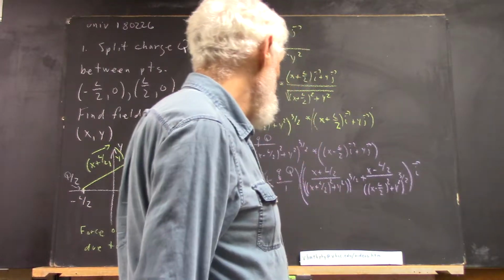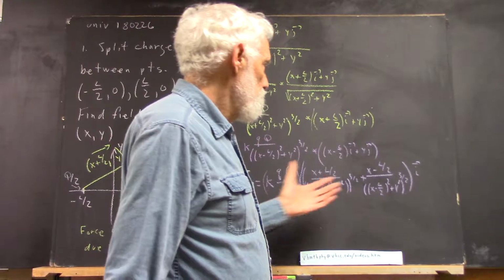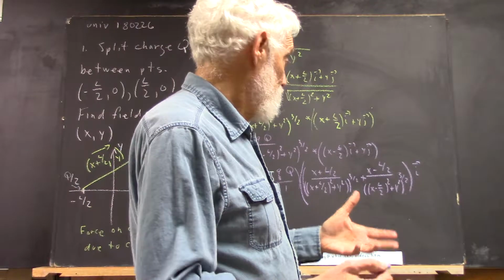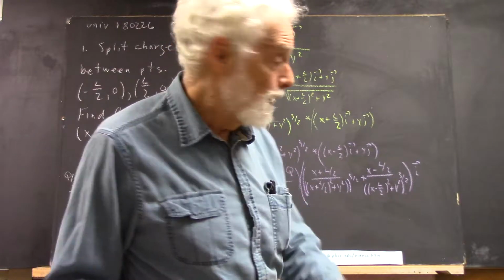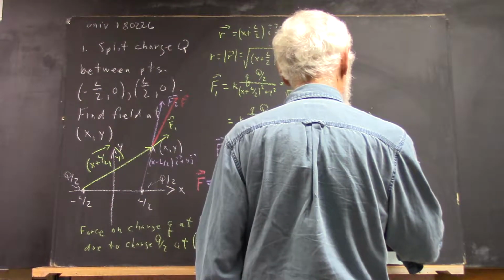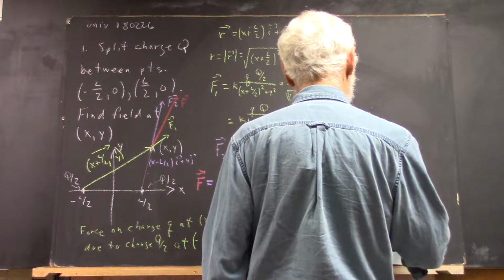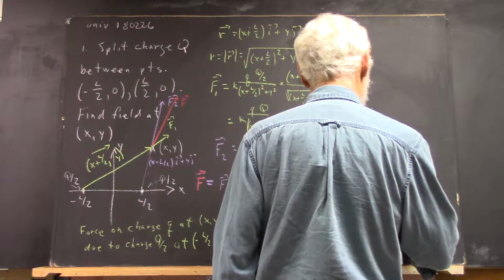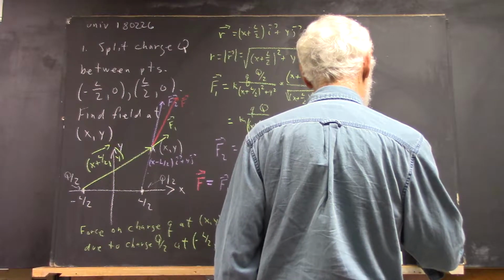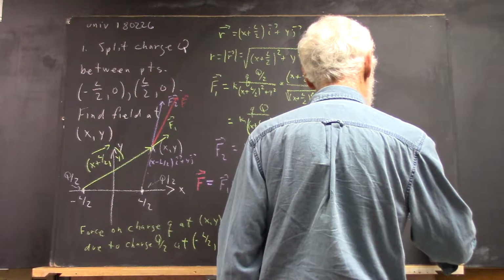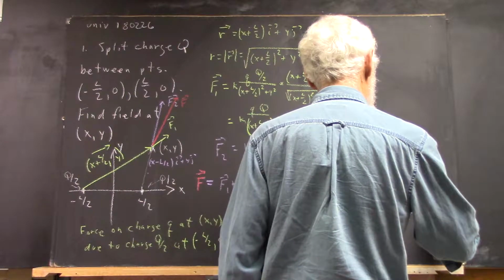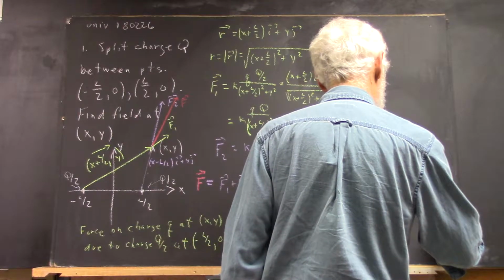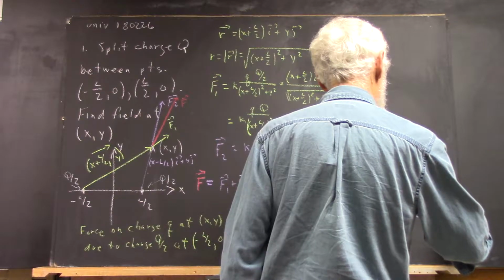Now, since we would then tend to do some simplification, maybe with common denominators, and then some approximations, depending on what we want to find, we might well want to write this plus y times 1 over x plus L over 2 squared plus y squared, plus 1 over x minus L over 2 squared plus y squared.